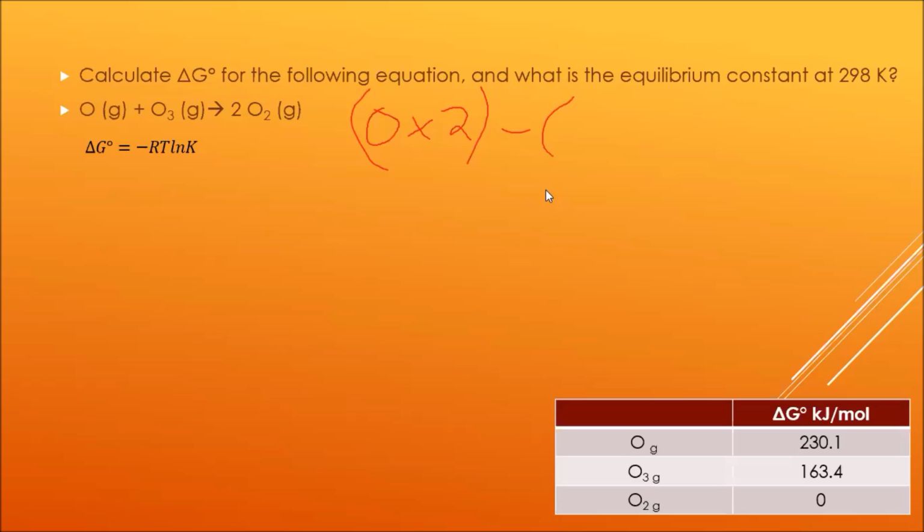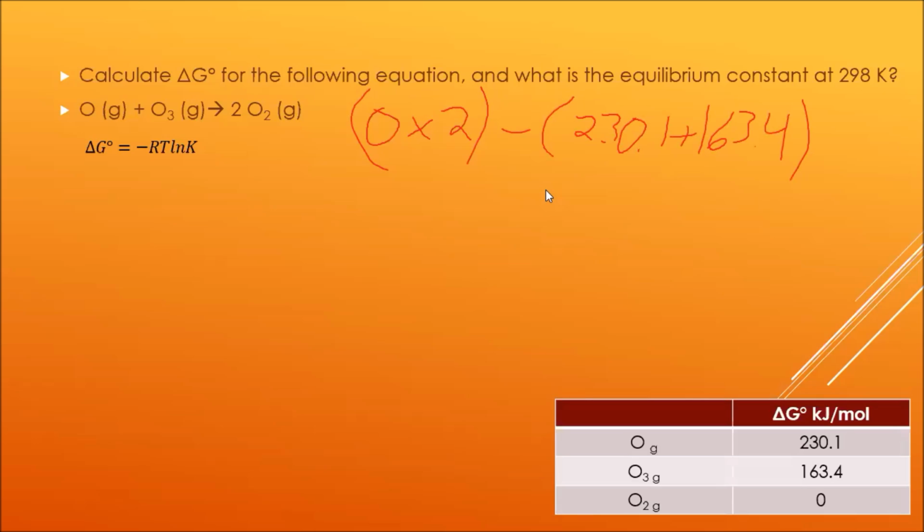Pulling them right from there. And we have oxygen is 230.1. And ozone is 163.4. These guys are non-spontaneous to form. These guys take energy to form. These guys are not particularly stable.